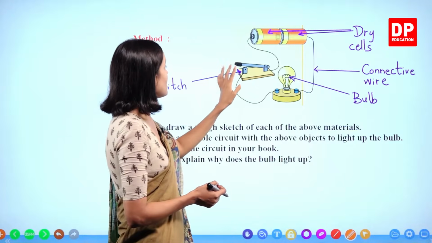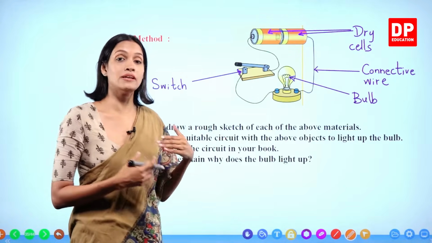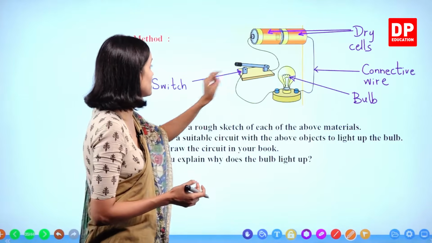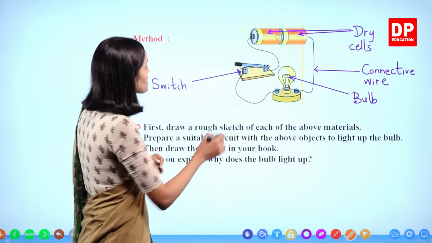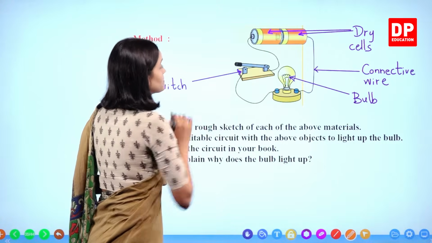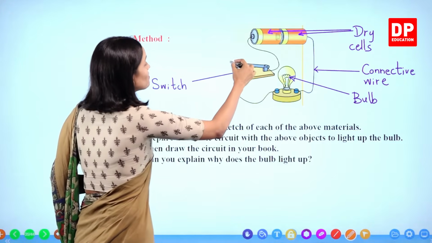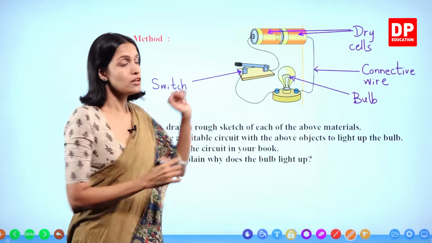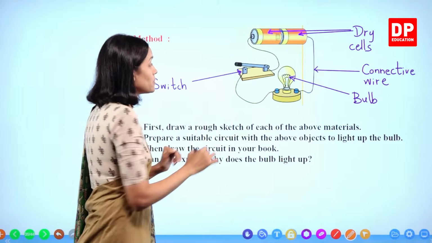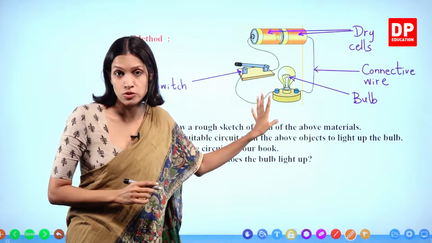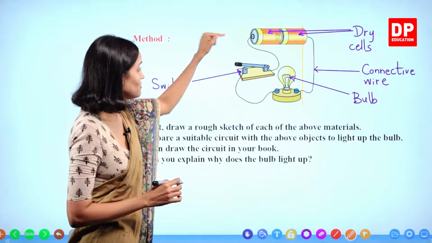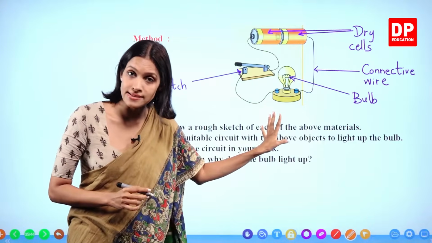Okay, children? And then you all can see now in the lab, I'm going to show you all how to operate this switch, right? You all can see there's a small lever here, right? When this lever is up, the circuit will be open. You will realize when this lever is up, the bulb does not light up.